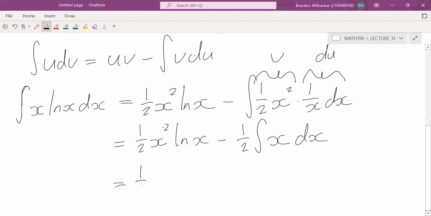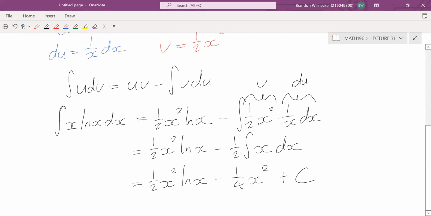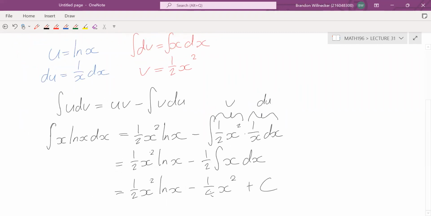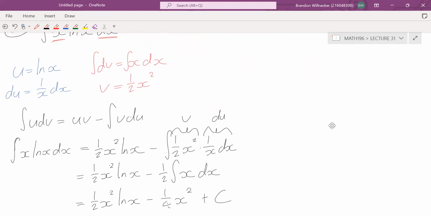So we're going to have 1/2 x squared natural log of x minus, now when we integrate x, we're going to have 1/2 x squared. So it's going to be 1/2 times 1/2 x squared, so we have 1/4 x squared. And don't forget your plus c. Okay, so another one, but not too bad. All right, any questions on this one?